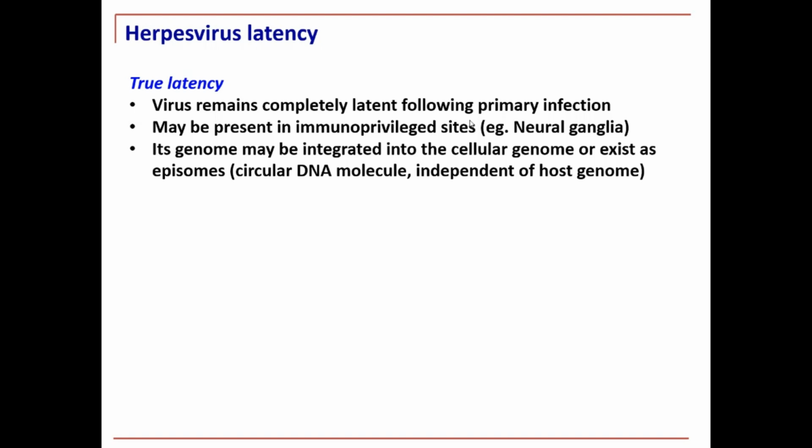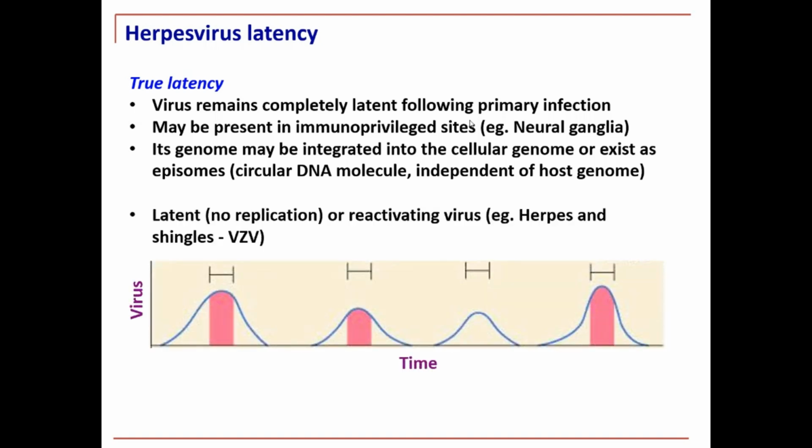And episomes are just circular DNA molecules that are independent of the host genome. During this latent period, you don't get any replication. So you can have a latent virus, or you can have reactivating virus, such as herpes and shingles. You get these latent periods where it's quiet, then reactivation, latency, reactivation, latency, reactivation.